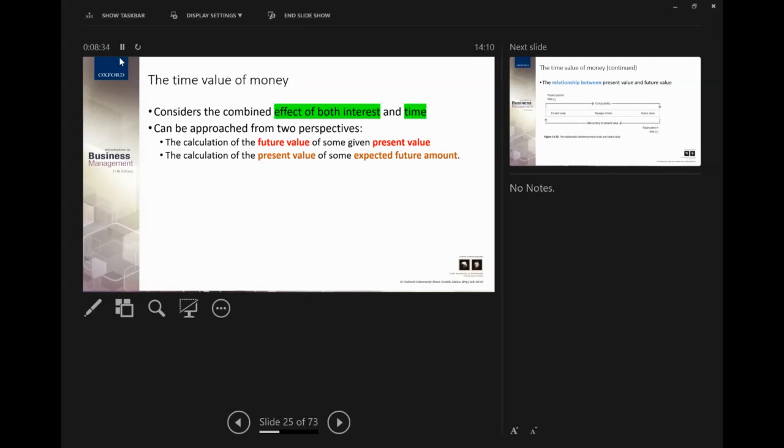Present value is saying 100 Rand 5 years from now, what is the actual value today? So present value is saying currently, present, what is the value of this amount of money? Does that make sense? Future value, we're saying sometime in the future, this is the value. Okay, so those are the concepts there.